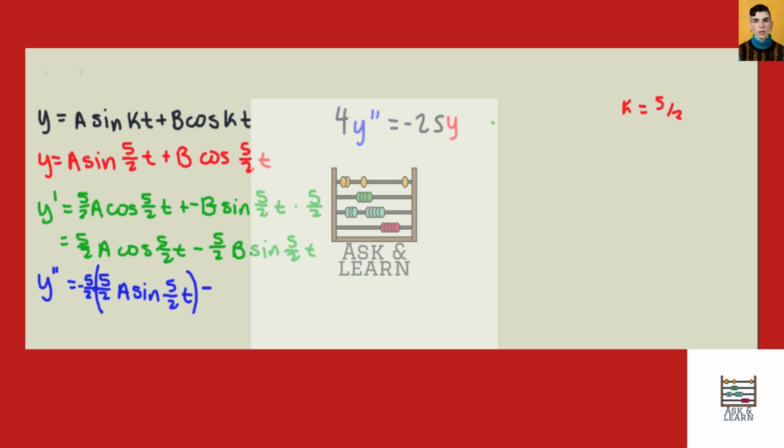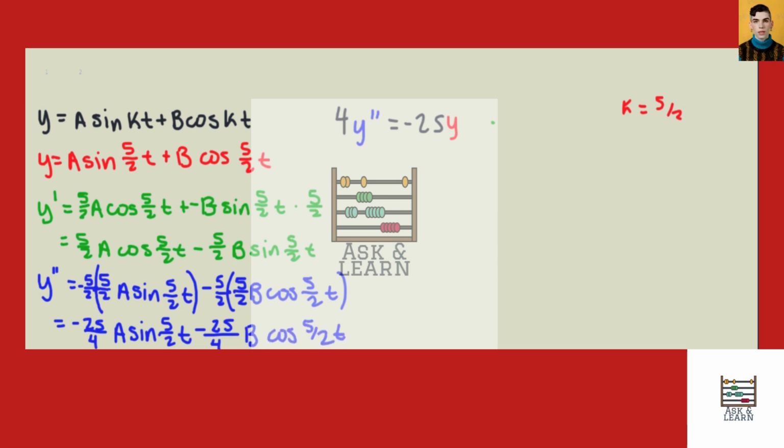So we're subtracting, take the derivative of the outside, derivative of sine is cosine, leave the inside the same, times the derivative of the inside, so we're going to multiply by 5 over 2. And we simplify this into negative 25 over 4 a sine 5 over 2 t. And same thing here, negative 25 over 4 b cosine 5 over 2 t. So now we have all the equations that we need to plug into our differential equation.